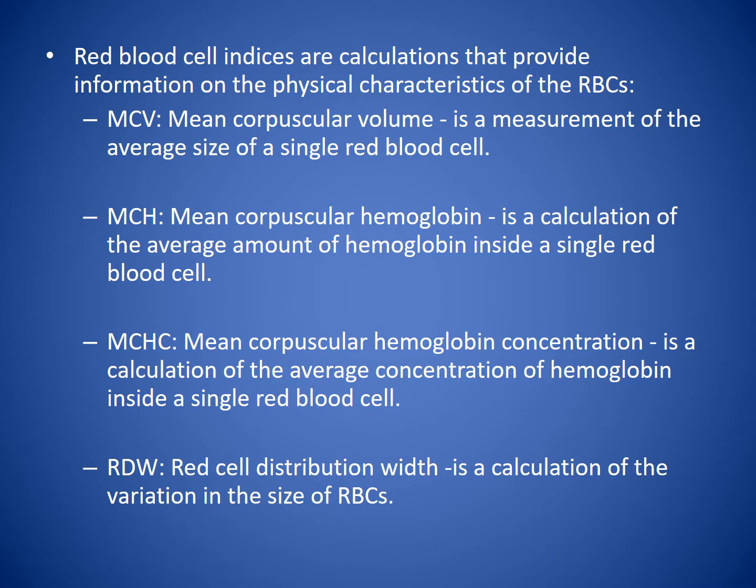Your MCHC, which is your mean corpuscular hemoglobin concentration. It's an average of the concentration of hemoglobin in a cell. And RDW is the red cell distribution width, or what is the size variation of your red cells.